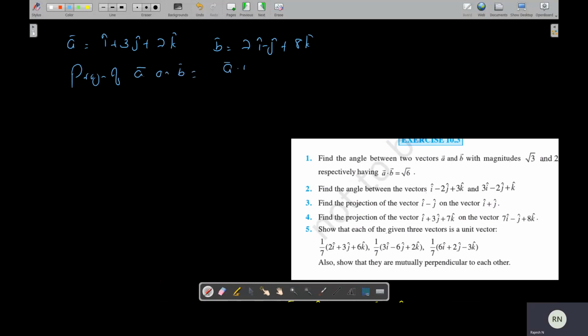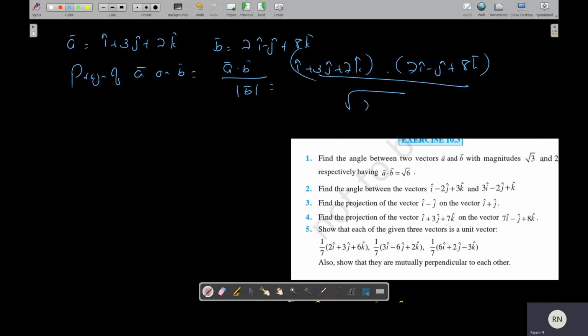A bar dot b bar by modulus b bar. So i cap plus 3j cap plus 7k cap dot 7i cap minus j cap plus 8k cap by root of 7 squared plus minus 1 squared plus 8 squared. So the answer is what?